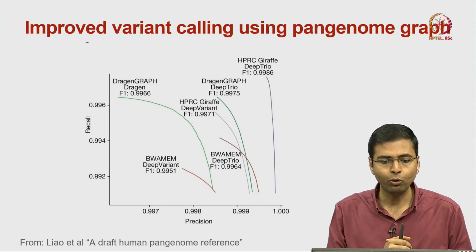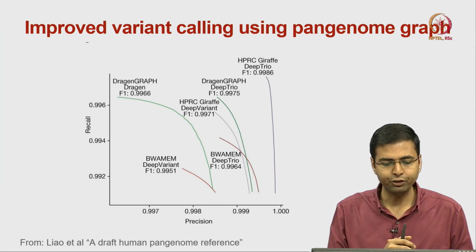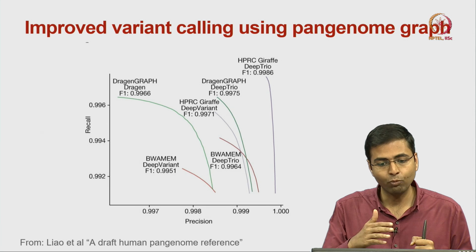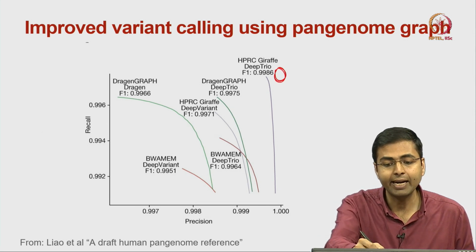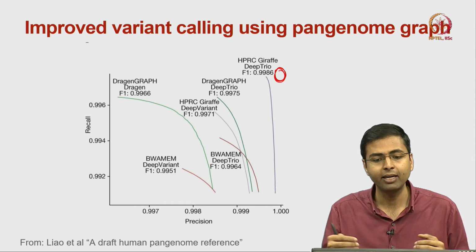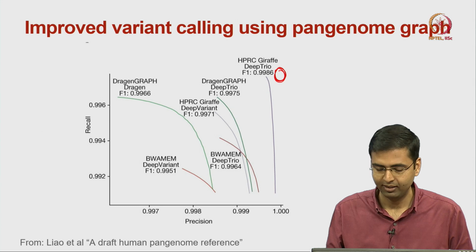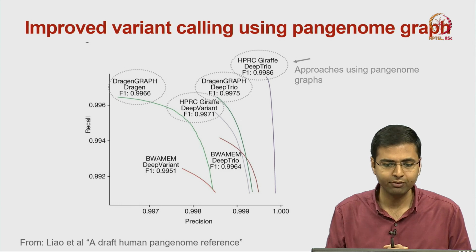In this plot I am showing you the precision recall curves of variant calling accuracy obtained using 6 different methods. As you can imagine, the topmost and right corner is the ideal place where you want high recall and high precision at the same time. In this plot, the top 4 approaches are all based on using a pangenome graph.